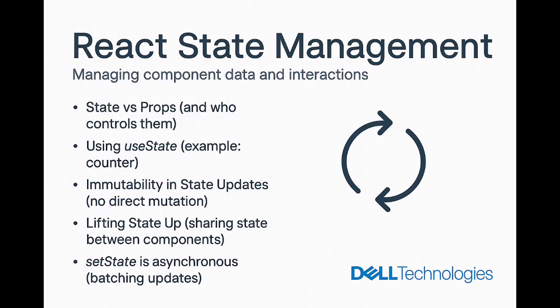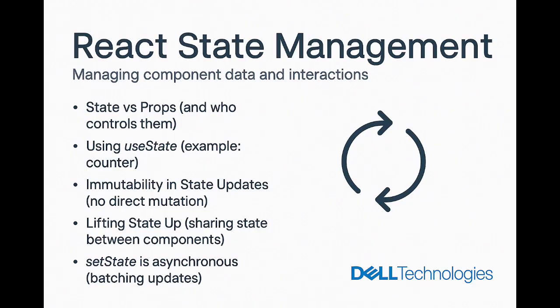Multiple state variables versus one state object. In class components, state was a single object, and you'd call this.setState with an object to merge into state. In functional components with useState, you can have multiple state variables by calling useState multiple times.